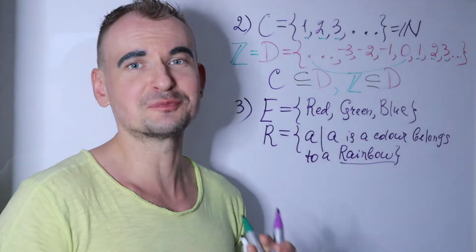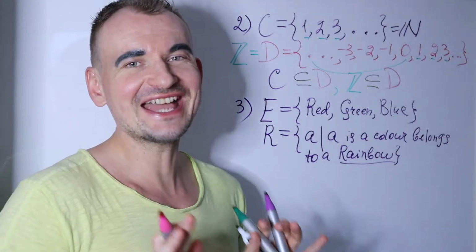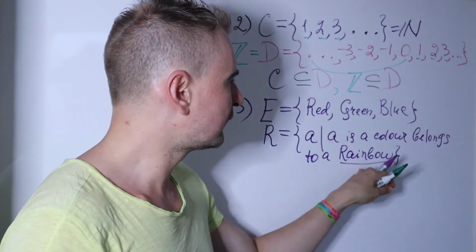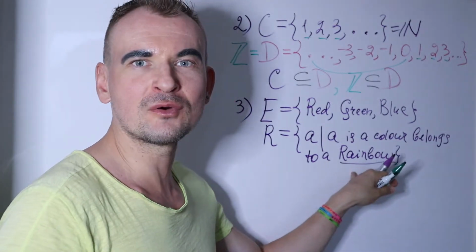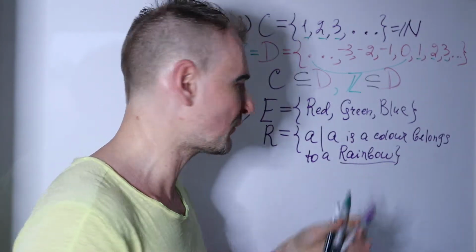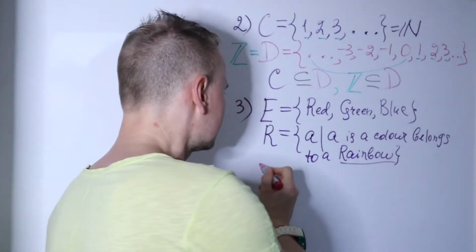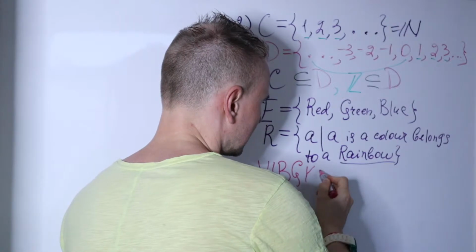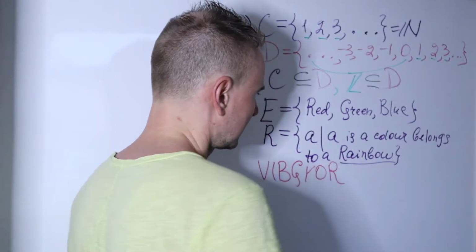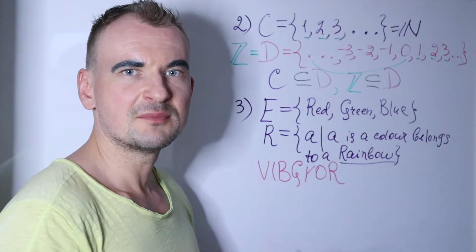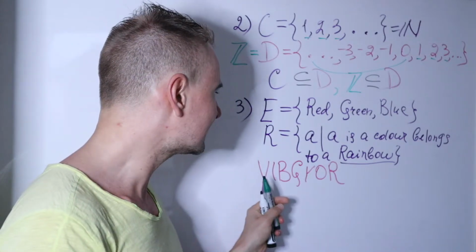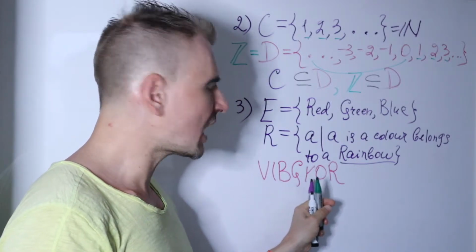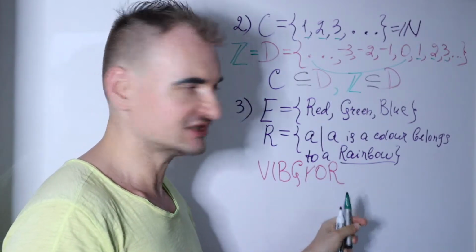Throwback to childhood, probably. Think back to what colors a rainbow consists of. There is a mnemonic acronym, VIBGYOR, that stands for violet, indigo, blue, green, yellow, orange, and red.